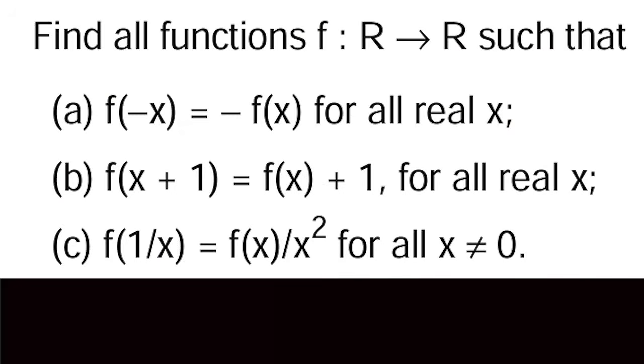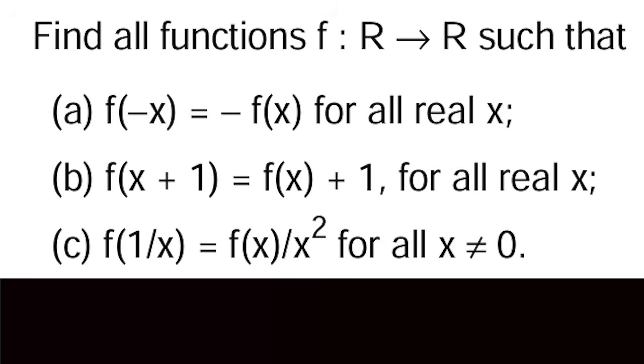Here the question is, find all functions defined on R to R such that f(minus x) equals minus f(x). So basically it's an odd function, and we put x as 0, we'll get f(0) equals 0. So that's your first condition.